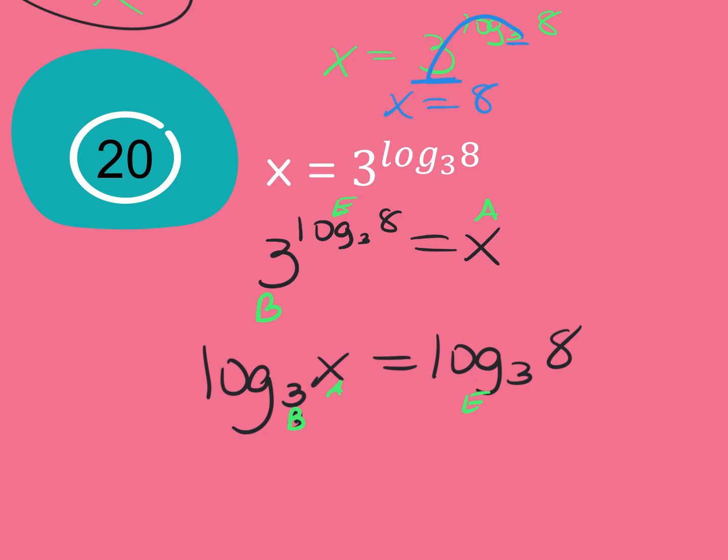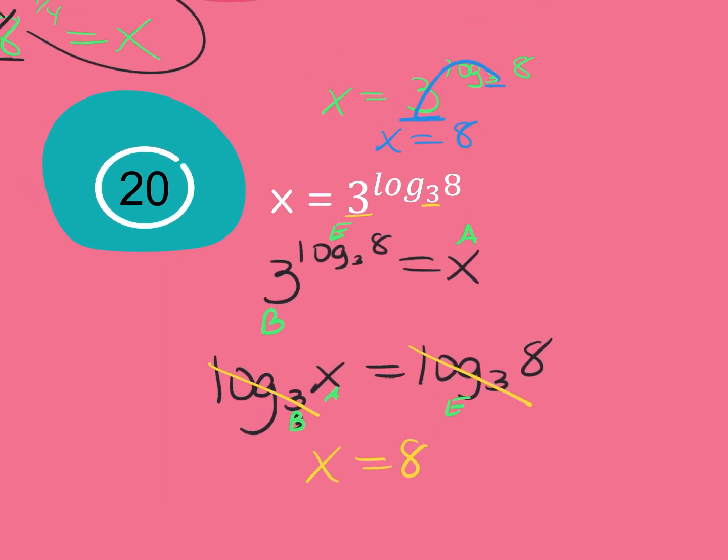Notice we have the same base here. It's log base 3, and then it goes to x equals 8. So this problem could have been solved either way. But look for clues like this. So when the exponent base is the same as the base of the log you're finding, that'll cancel out.